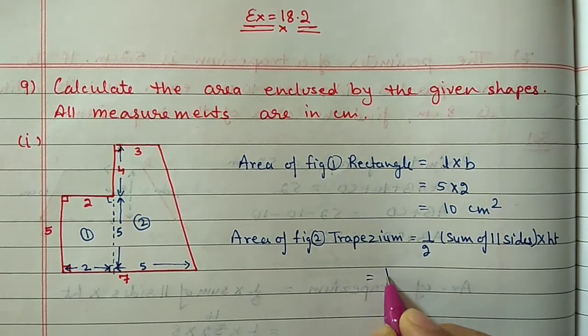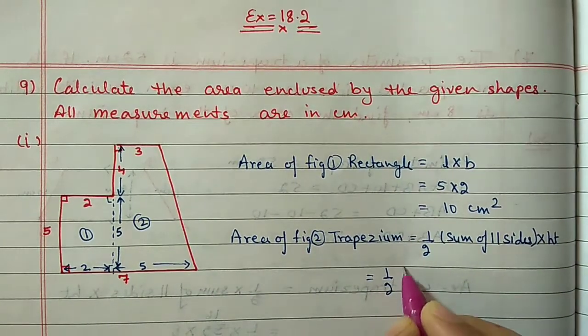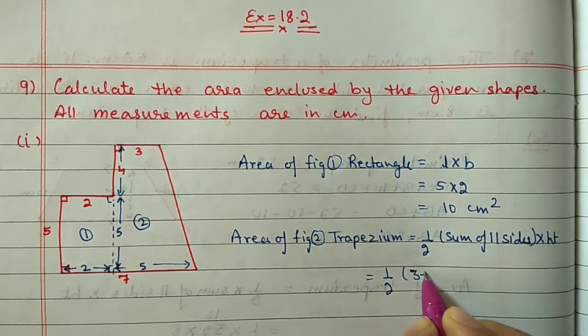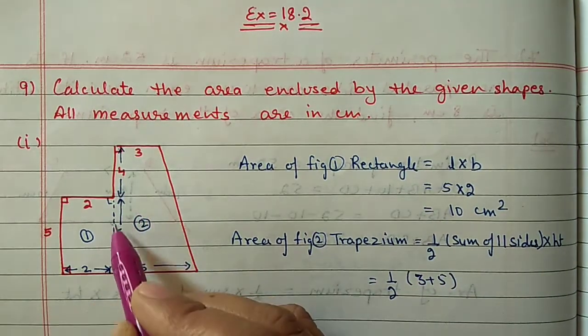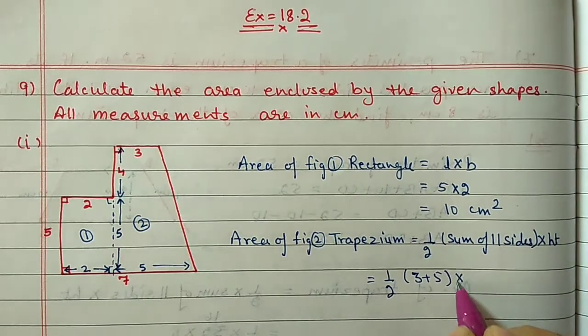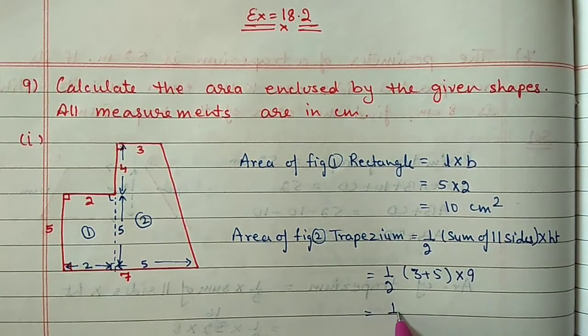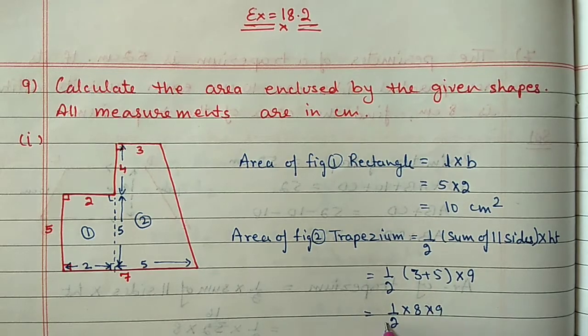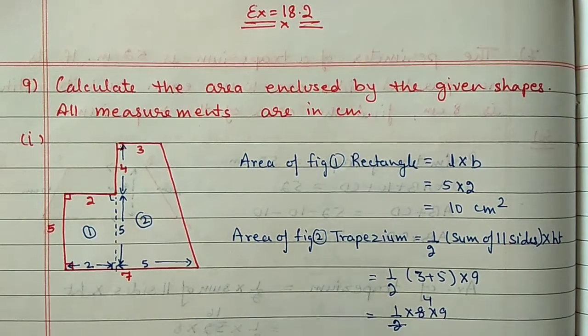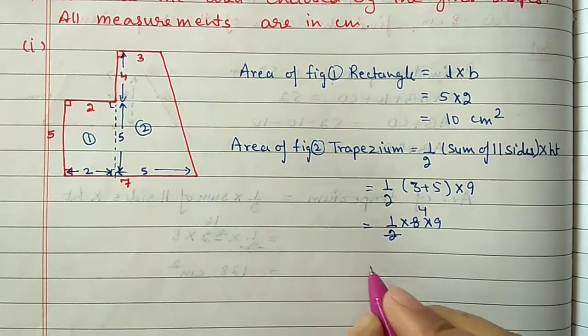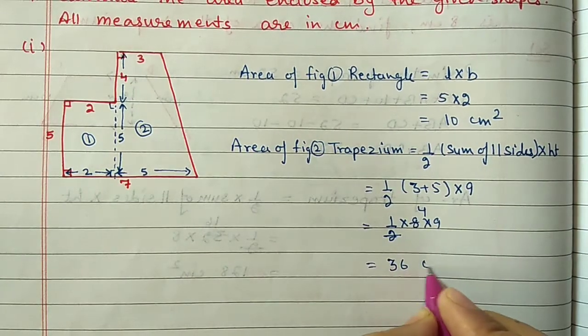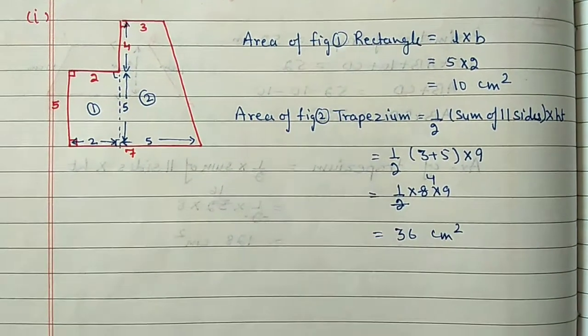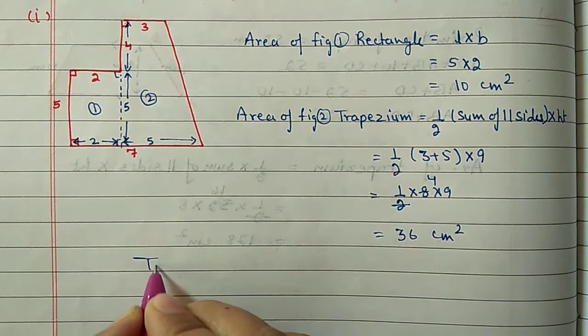So parallel sides are here 3 and 5, 3 plus 5, and height is 4 plus 5, total it will be 9. So we will get half, 3 plus 5 is 8, into 9. We can cancel 2 4s, and 9 4s 36 we will get centimeter square.